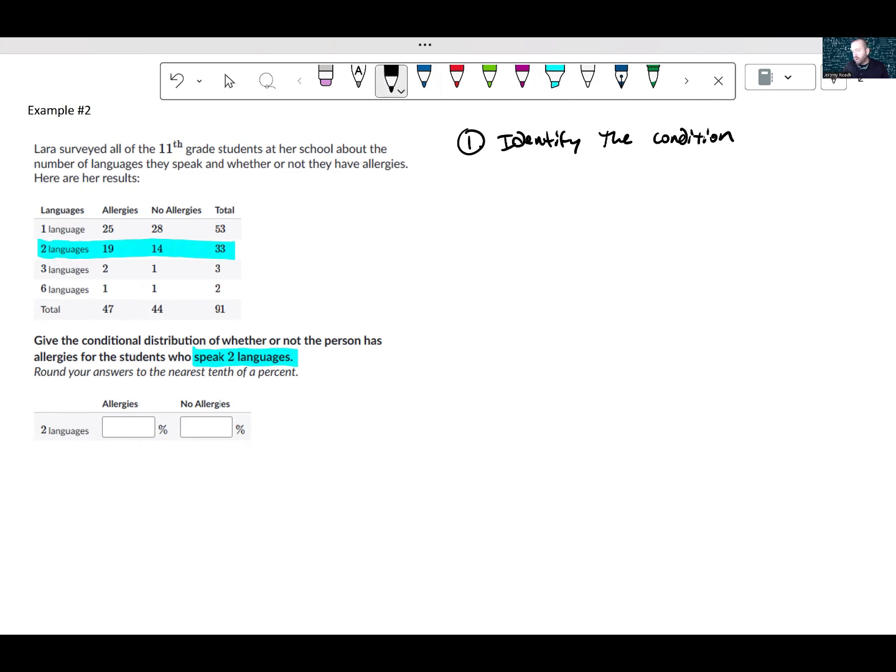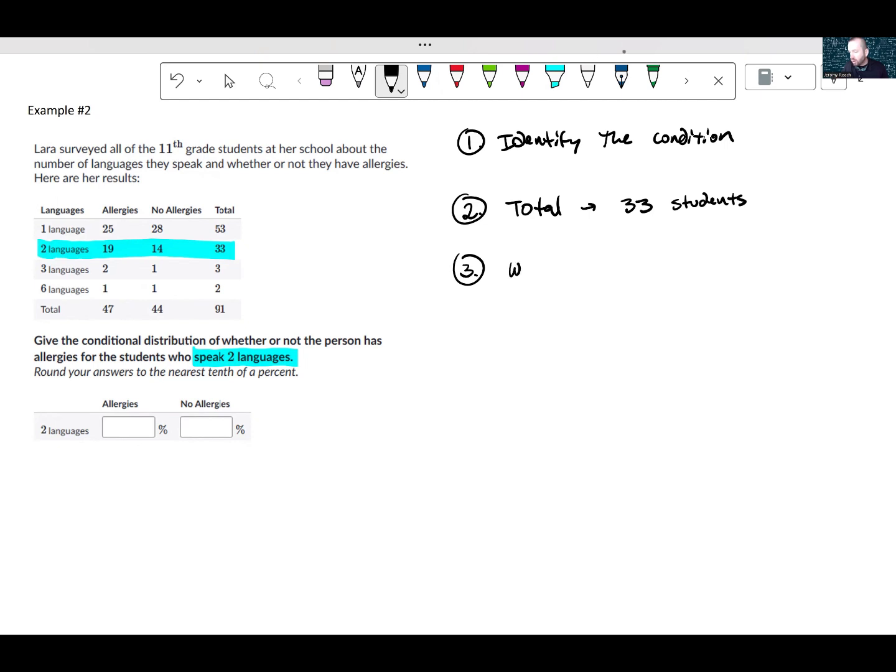So now we're going to figure out the distribution in terms of percentages of this. So our total that we are using is going to be 33 students. And so now we're going to write out our percentage. Well, first we'll figure out what it is as a fraction and then convert to a percentage.